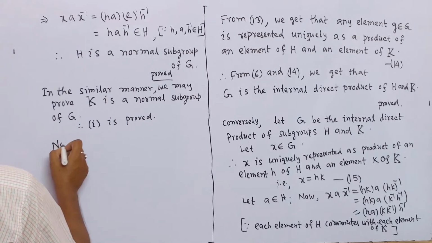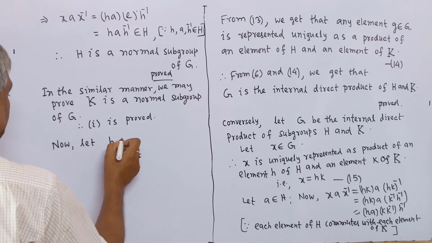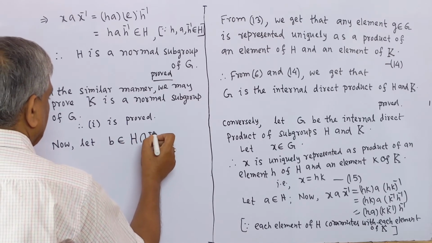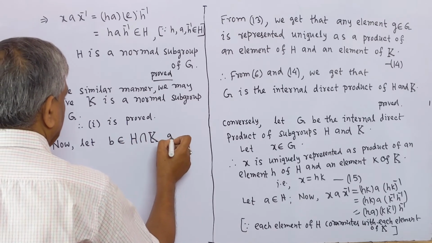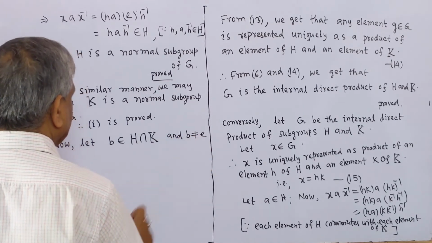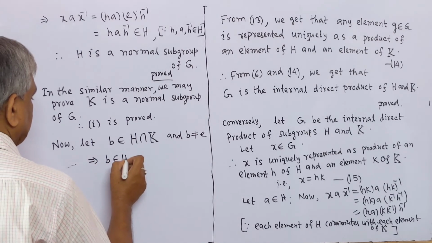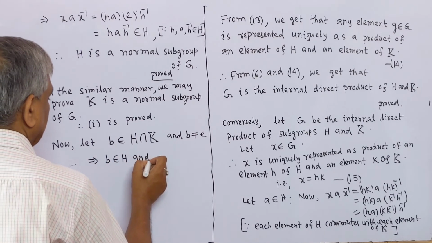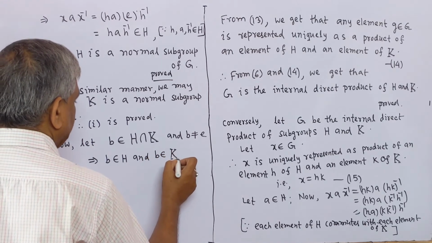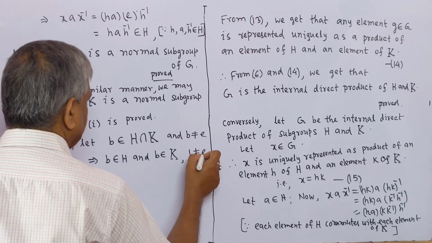Now let B belong to H intersect K and B not equal to identity element. This implies that B belongs to subgroup H and B belongs to subgroup K and B is not equal to identity element.